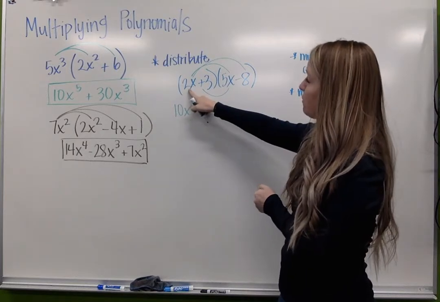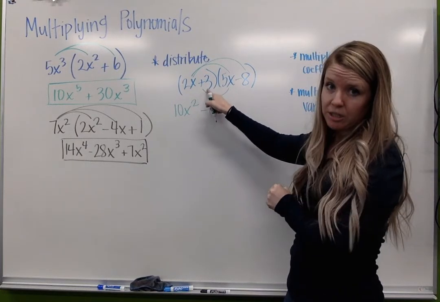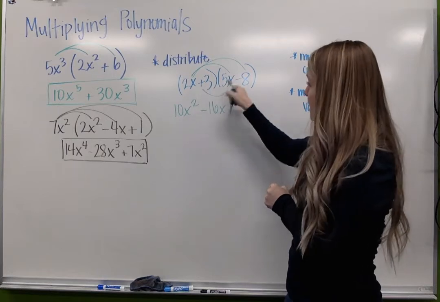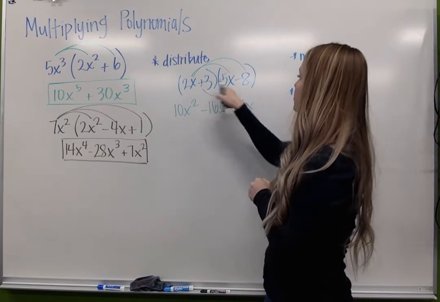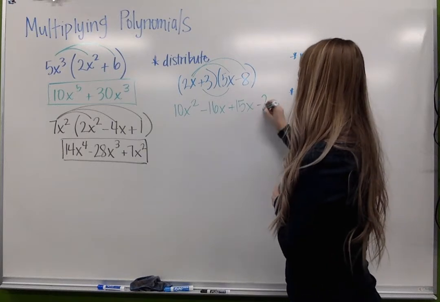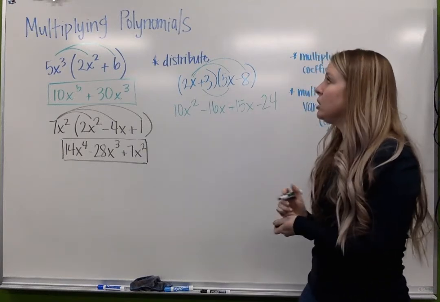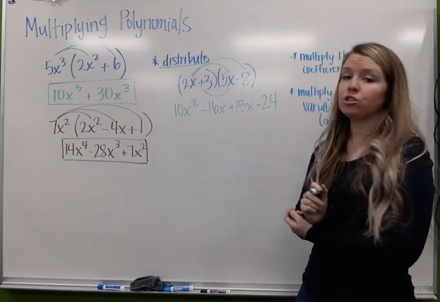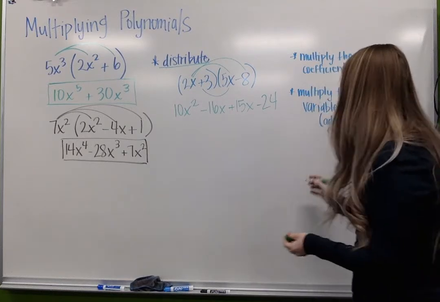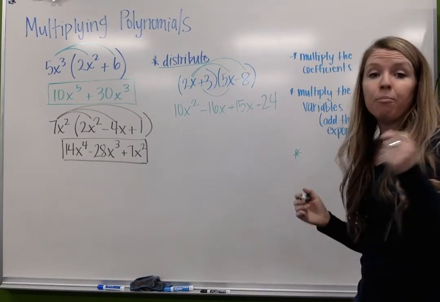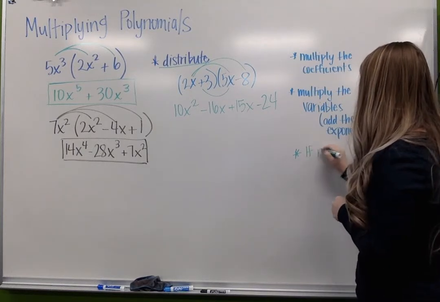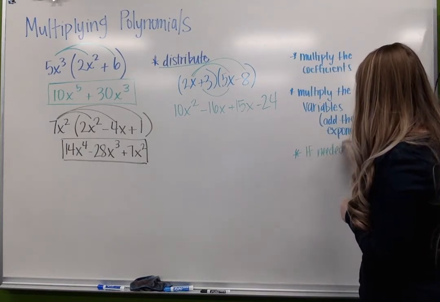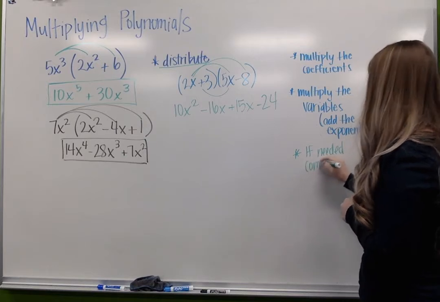Once we've distributed the first term, now we're distributing the second term. 3 times 5x is 15x, and 3 times negative 8 is negative 24. So again, all we've done is distribute. But we have one new step. If possible, combine like terms. So we'll say, if needed, combine like terms.